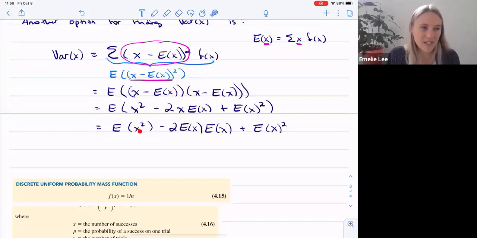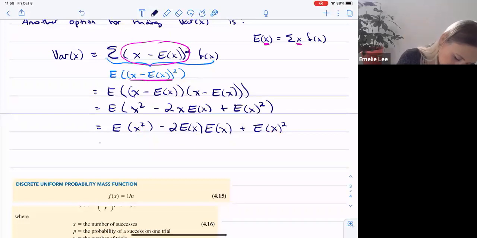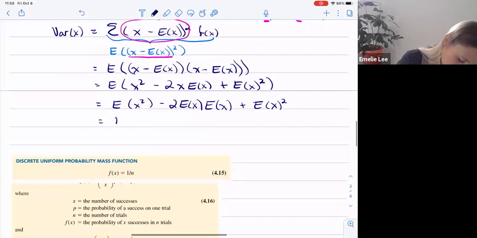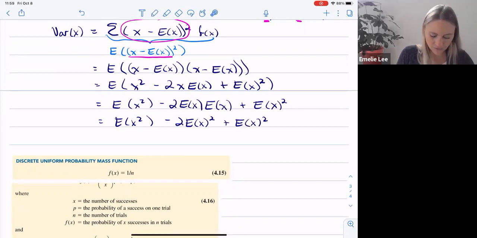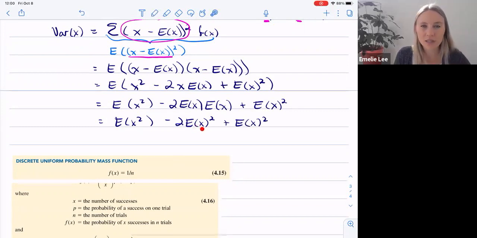The only reason I know that is because I remember that one square is on the x and the other square is on the E of x, right? Those are different things. So this is going to be the expected value of x squared minus 2 times E of x squared plus E of x squared. If you just replace E of x with a, right, negative 2a squared plus a squared makes minus a squared, right?